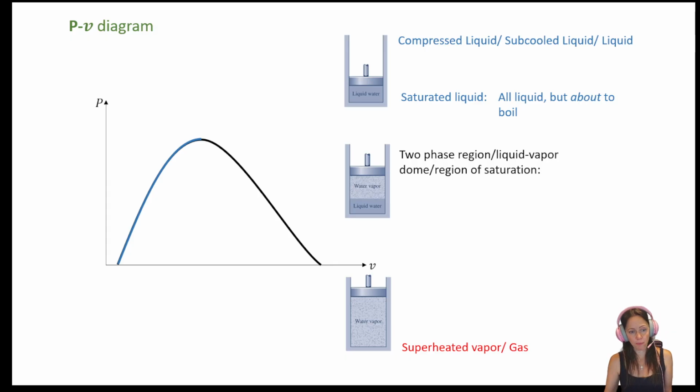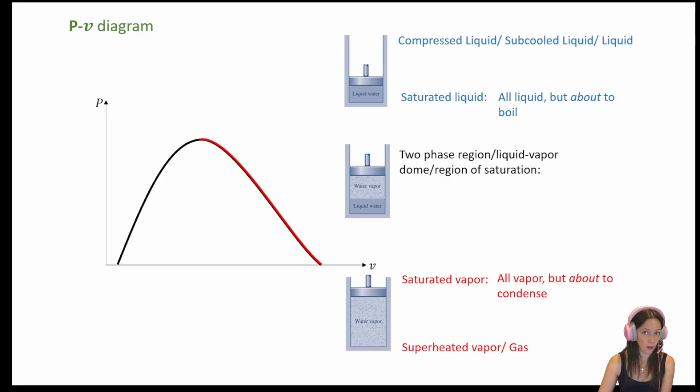It's on that tipping point. And conversely, if we're on the right-hand side of that dome, we call it a saturated vapor. It doesn't look any different from a gas. It's all gas or all vapor, but it is about to condense. If we move to the left, it would condense.